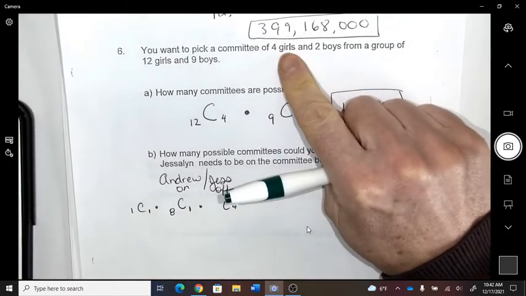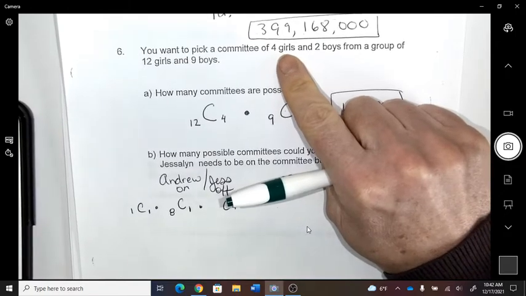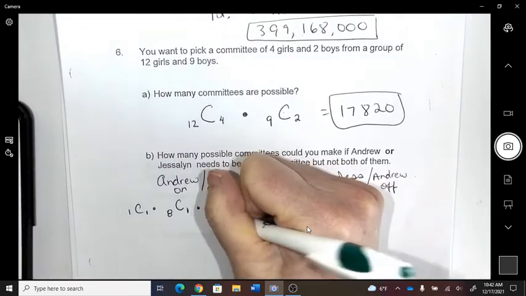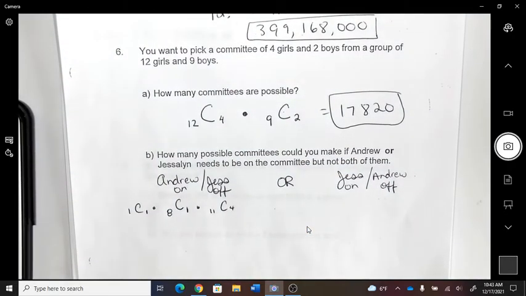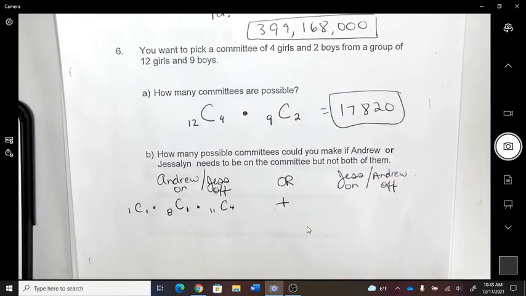I still need 4 girls on my committee. But Jess is not allowed to be on there. So instead of 12, I only have 11. Or, so these are not happening at the same time. It was either that or that. So now I add.